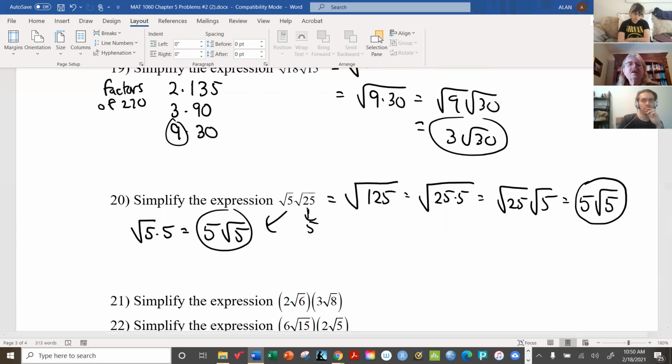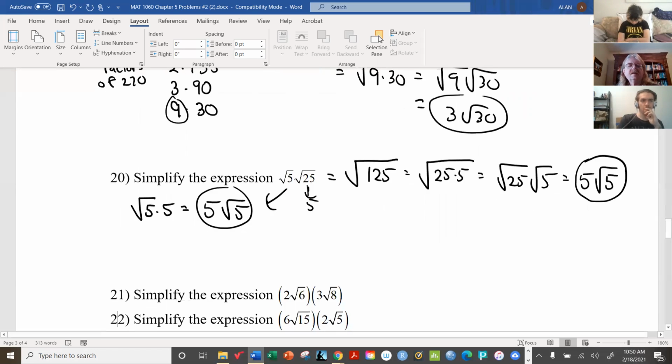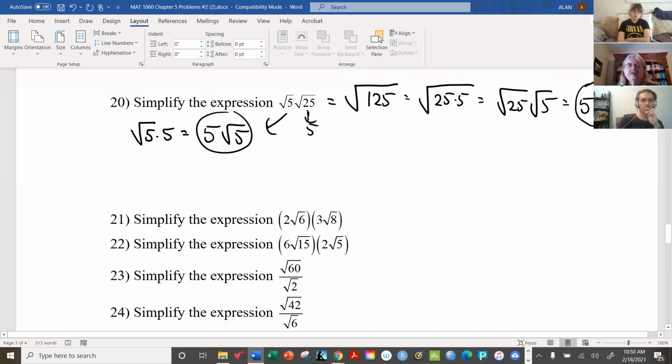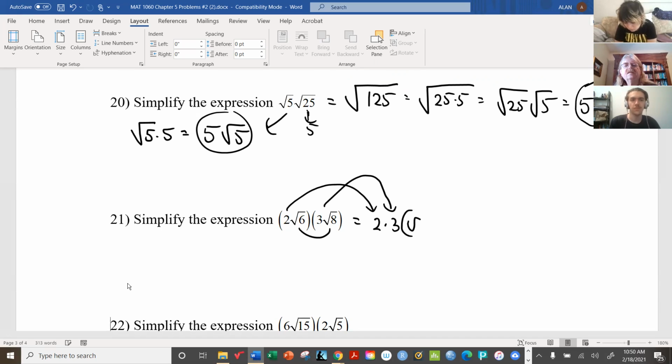So now in the next group, we're going to multiply, but now in each case, there's a coefficient in front of the square root sign, which complicates things a little bit. Just a little. We have to remind ourselves that when you're doing this, you can rewrite this as 2 times 3. And then you can multiply these together.